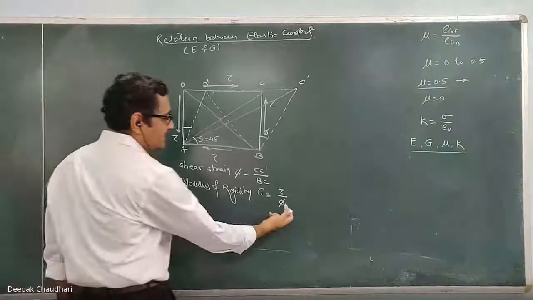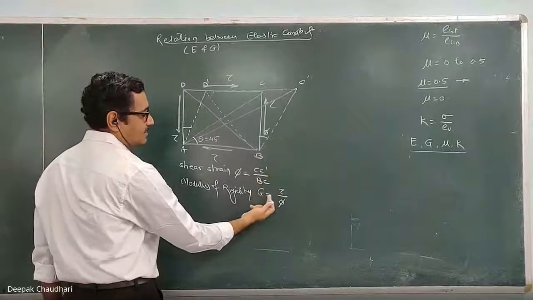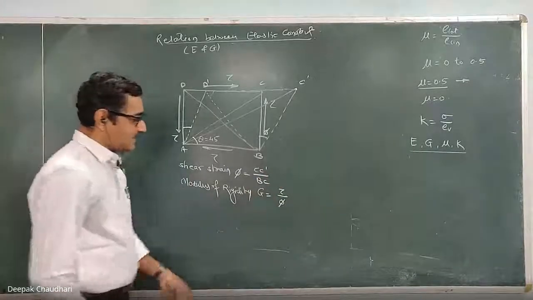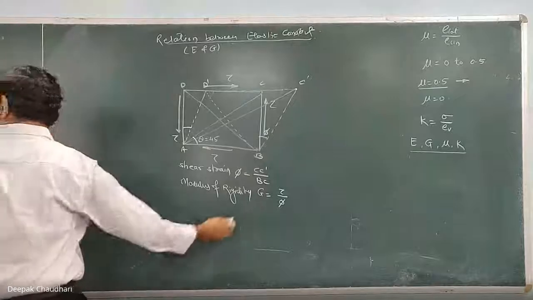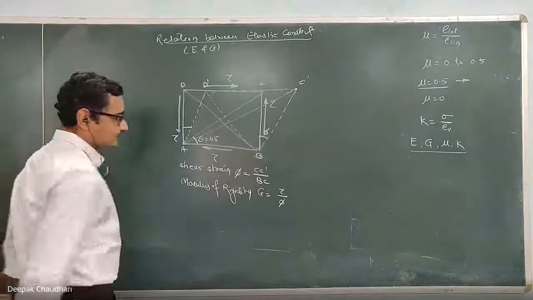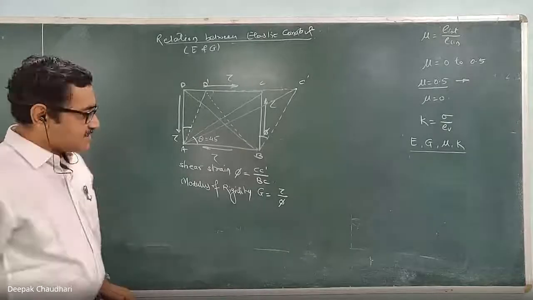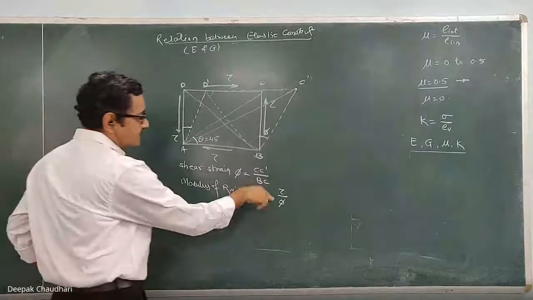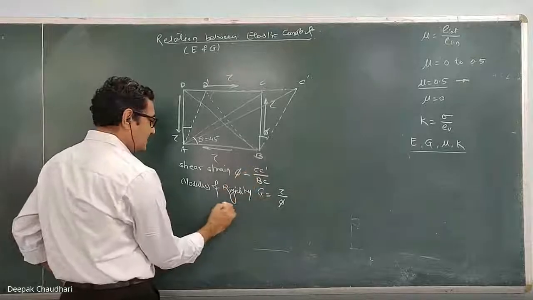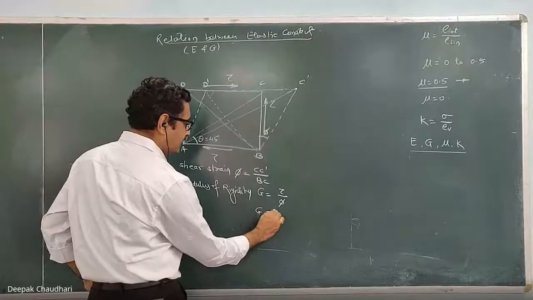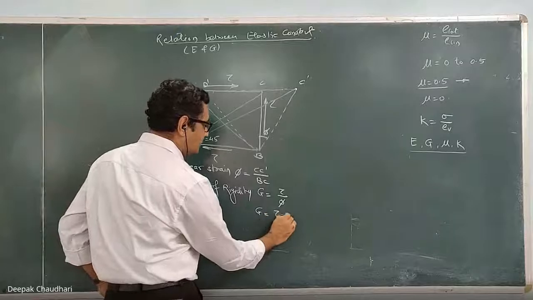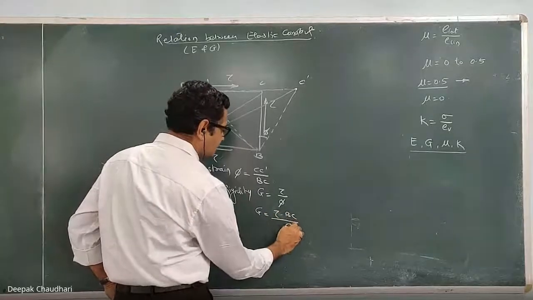We know that the shear strain is CC dash upon BC. So if I substitute CC dash upon BC for the shear strain, the modulus of rigidity can be written as tau into BC upon CC dash.